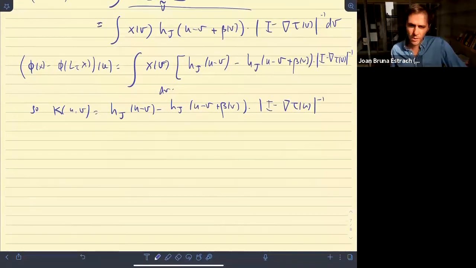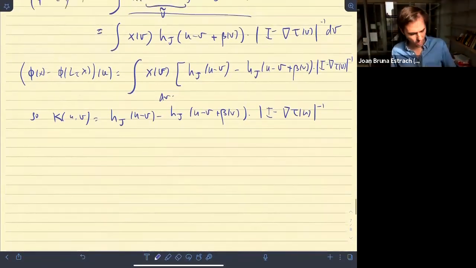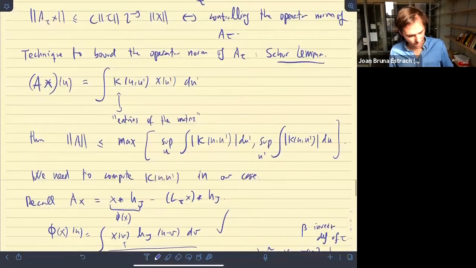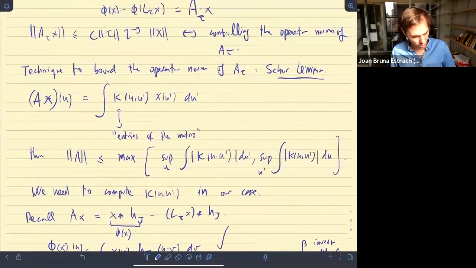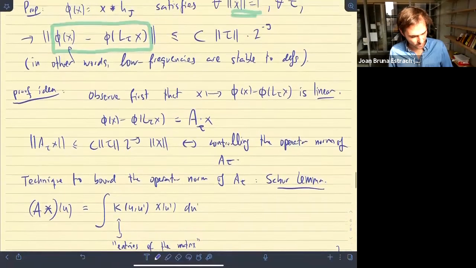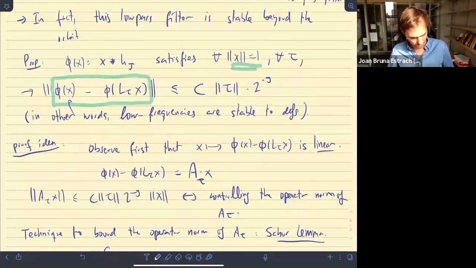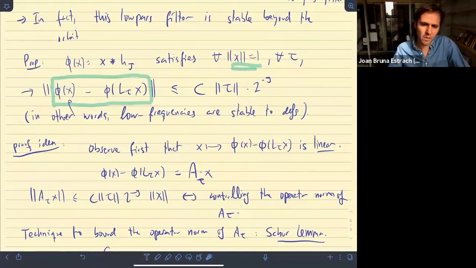Okay, so now we just need to play the assumption, right? We need to go back and show that this thing is upper bounded by something proportional to the maximum displacement times 2 to the minus j.